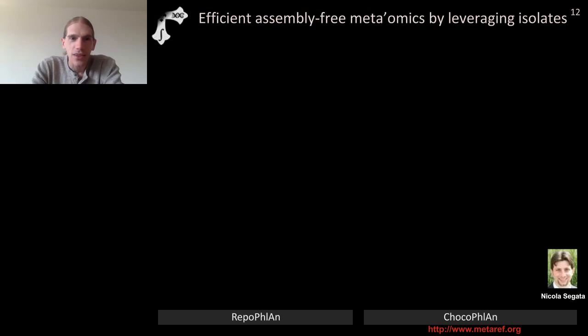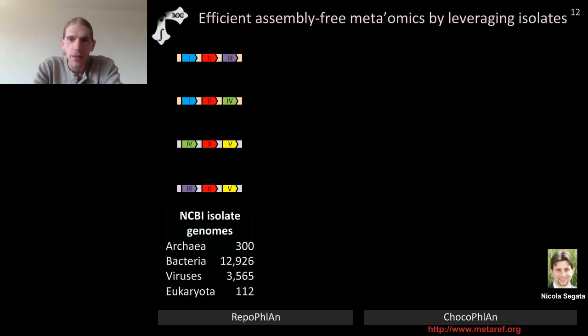This relies on the intuition that we can use microbial isolate genome information to analyze microbial community metagenome information. So Nicholas started with two sets of data, referred to here as RepoPlan and ChocoPlan, built on the total collection of microbial isolate genomes currently available at the NCBI.